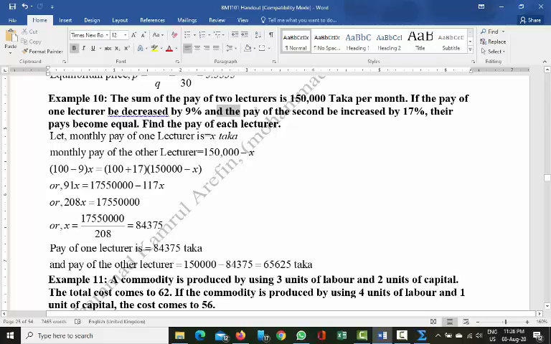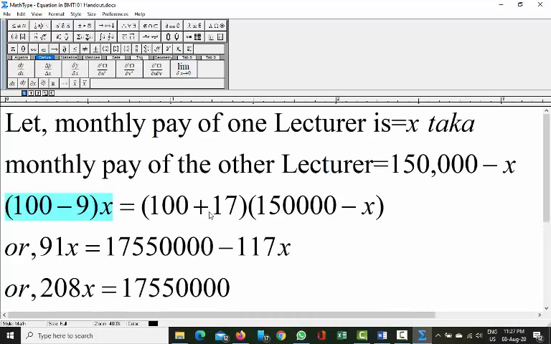And the pay of the second lecturer is increased by 17%, and their pay becomes equal. So their payment will become equal. The pay of the second is increased by 17%, so 100 is the percentage, and increased by 17% means plus 17.